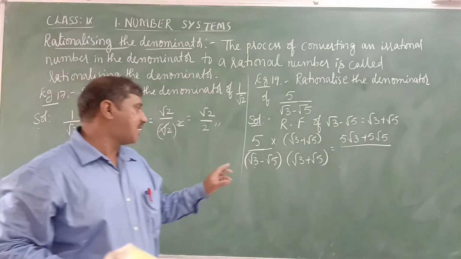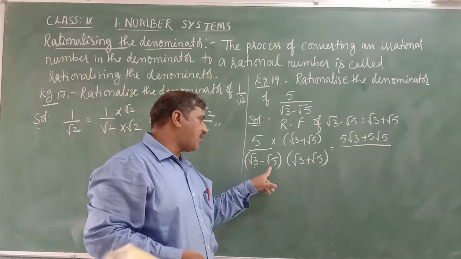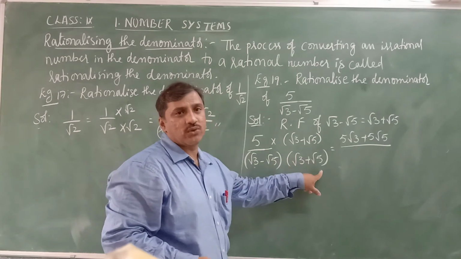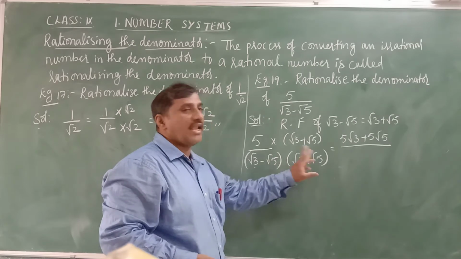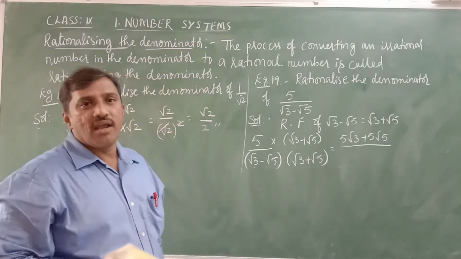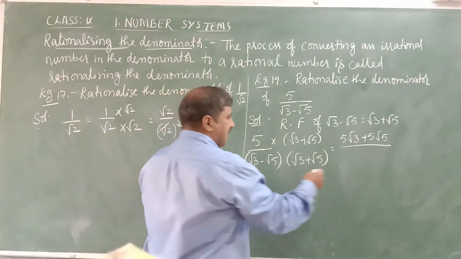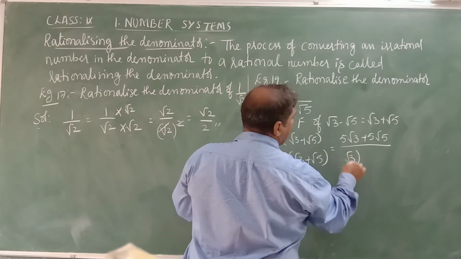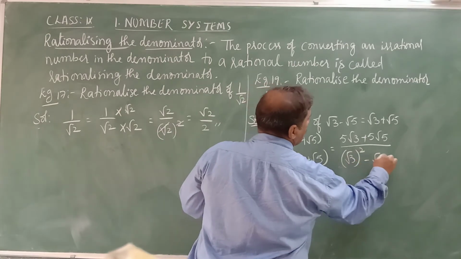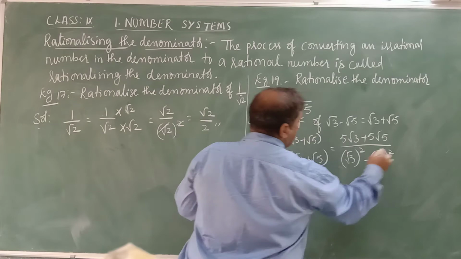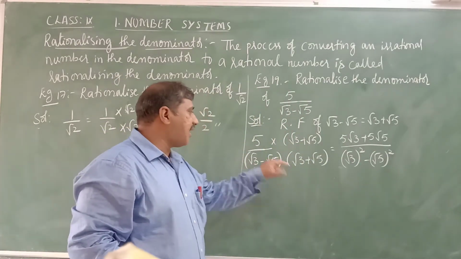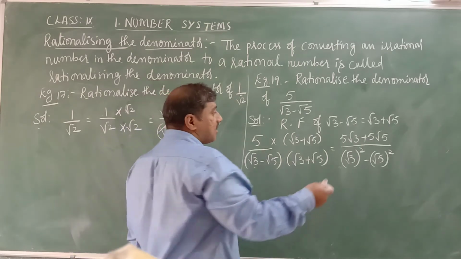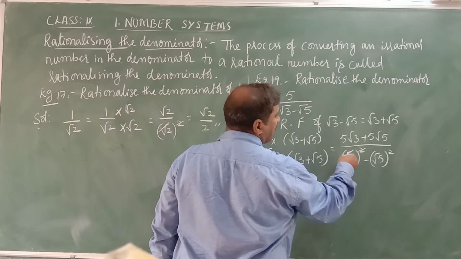Now you see this: root 3 minus root 5 into root 3 plus root 5. It is in the form of a minus b into a plus b, which equals a square minus b square, that is root 3 whole square minus root 5 whole square, where a is root 3 and b is root 5. Now square and square root are cancelled.